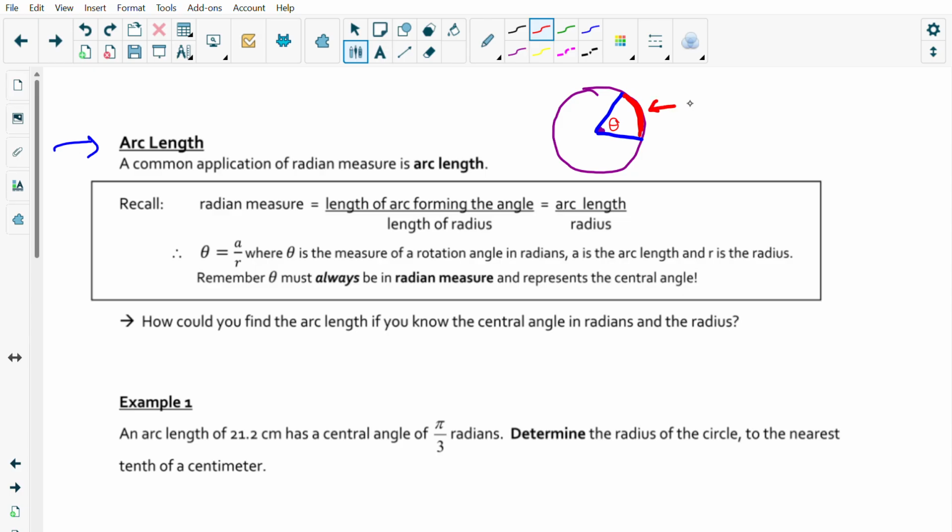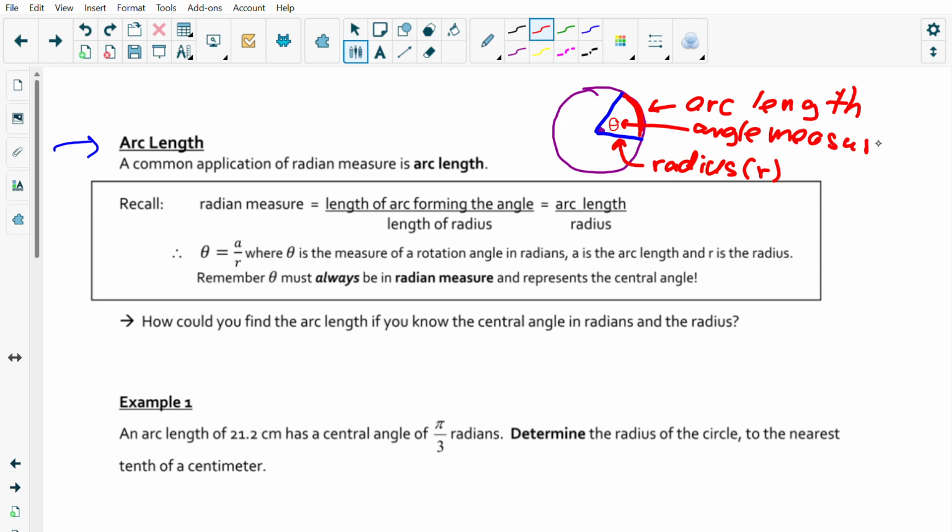This is my arc length. This is my radius r. And this is my angle measure in radians.